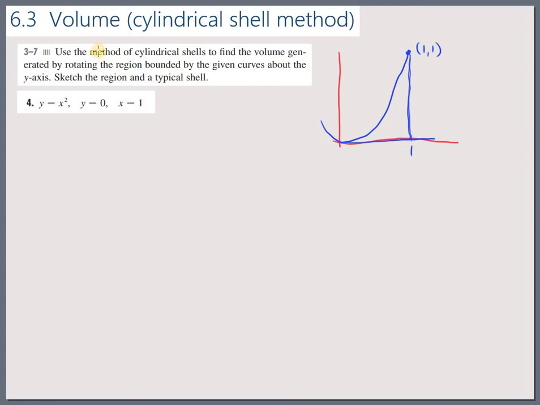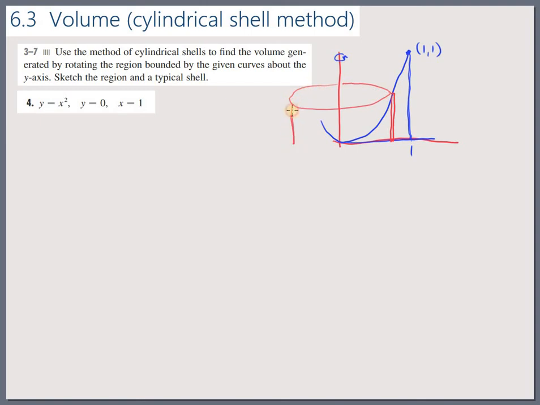And we are trying to rotate around the y-axis, so around this way. Since we're using cylindrical shells, our typical rectangle will be parallel to the axis of rotation, so it'll look like that. So there's the region, and a typical shell, if I were to rotate that around, would rotate back behind here and come back around front.